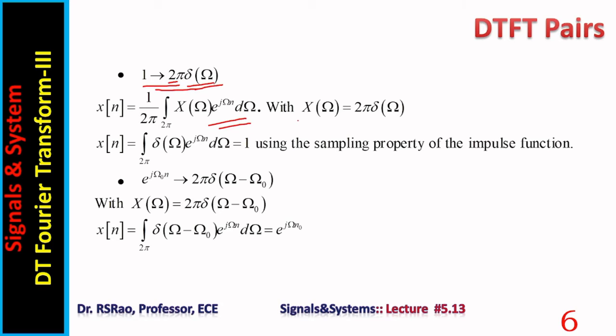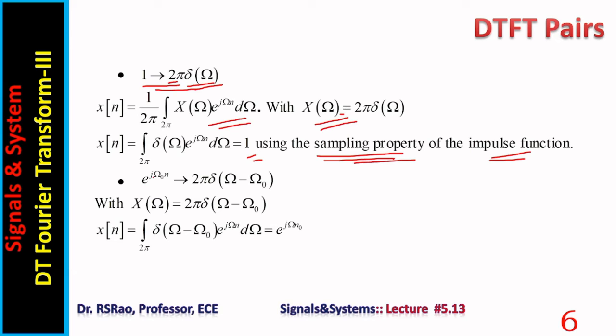Now make a substitution of 2π δ(ω) for X(ω). So x(n) becomes equal to ∫ δ(ω) e^{jωn} dω, which turns out to be 1.